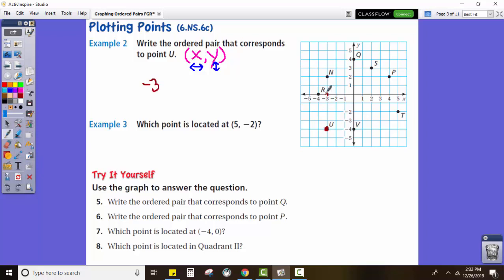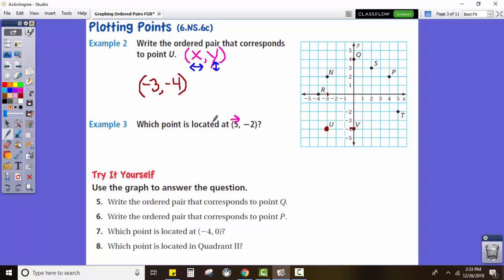So I'll write -3, comma, then I go down and I see that it's at -4. So its location is -3, -4. Okay, over -3 and then down to -4. So you do the X value first, the horizontal, and then the Y value, the vertical.